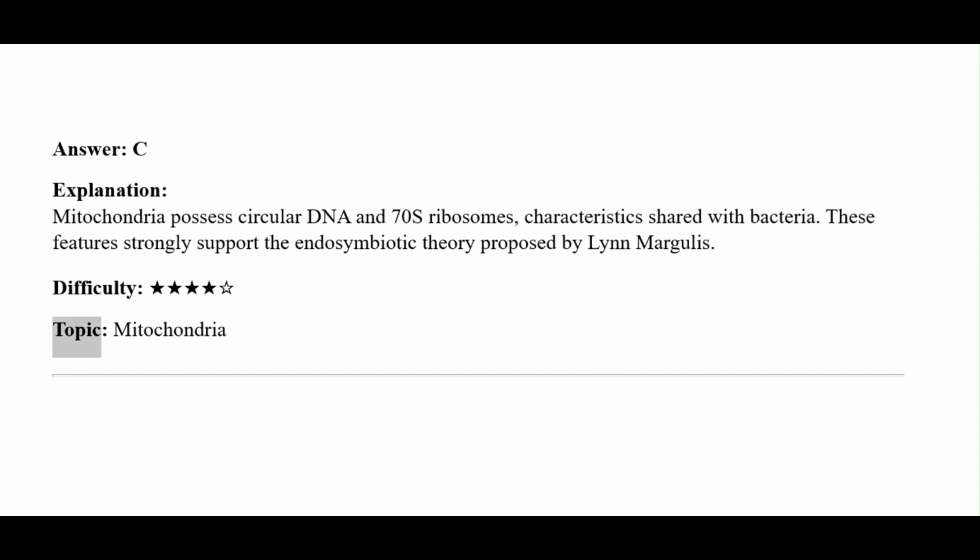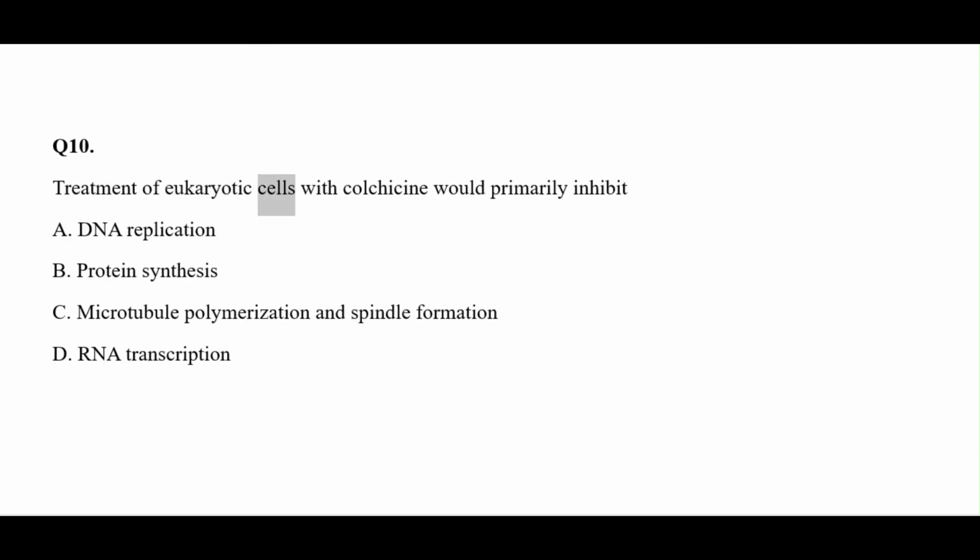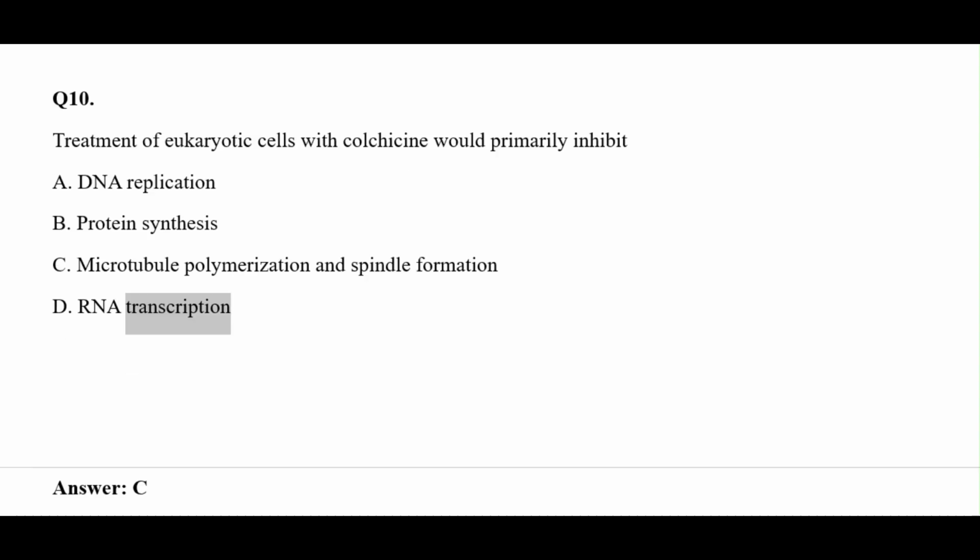Difficulty. Topic: Mitochondria. Q10. Treatment of eukaryotic cells with colchicine would primarily inhibit A. DNA replication, B. Protein synthesis, C. Microtubule polymerization and spindle formation, D. RNA transcription.